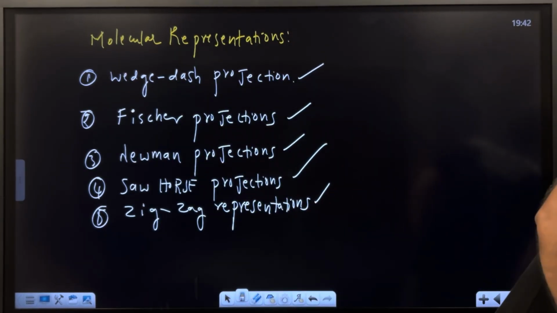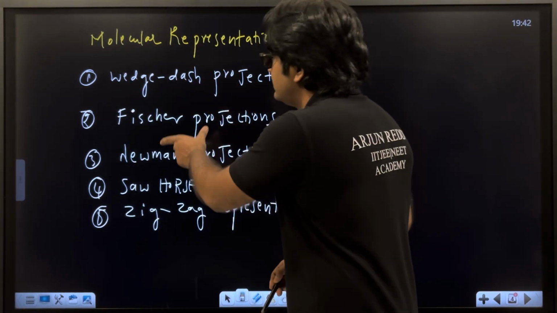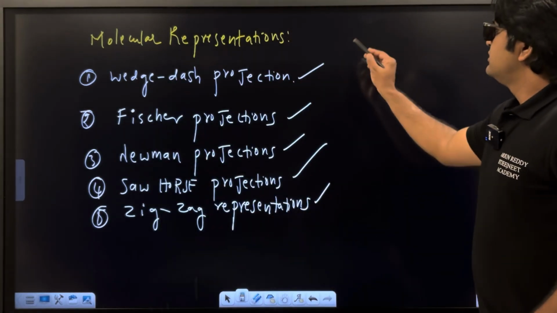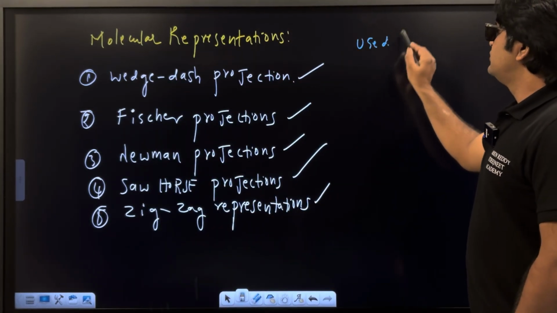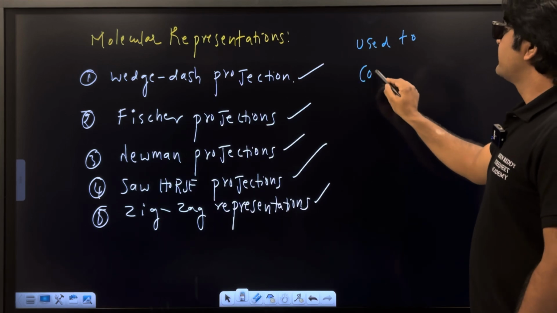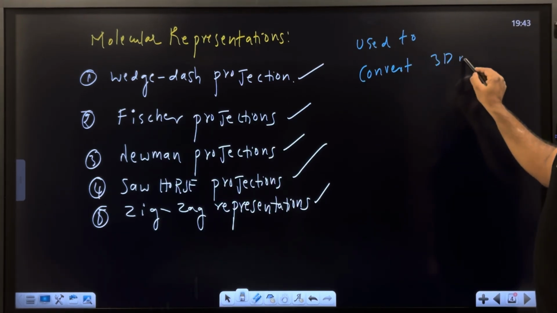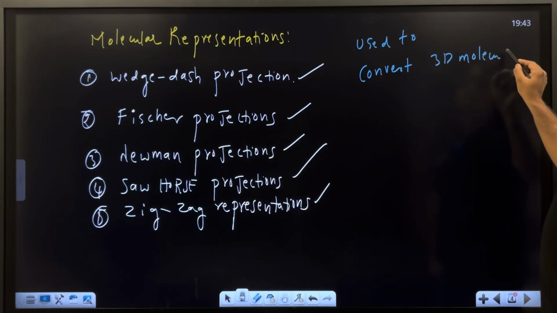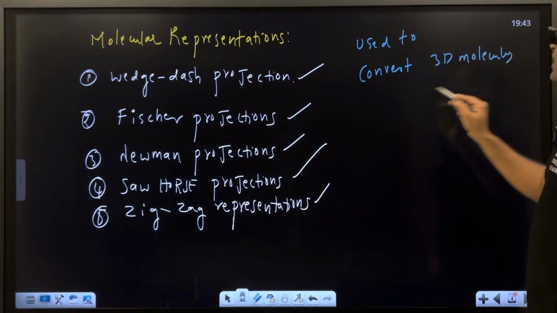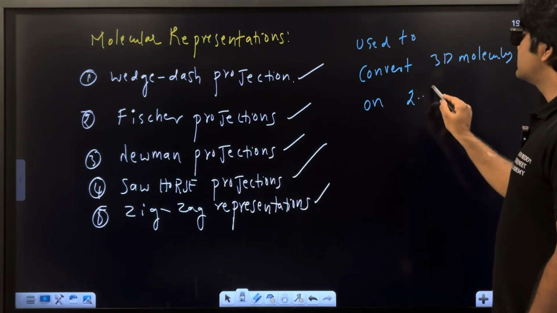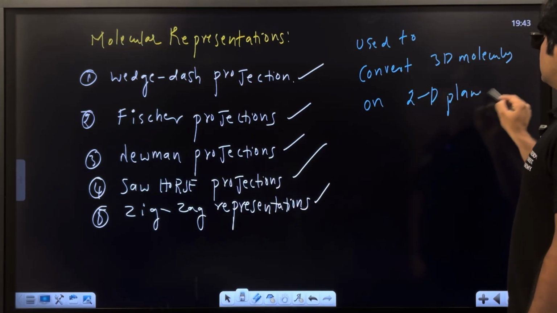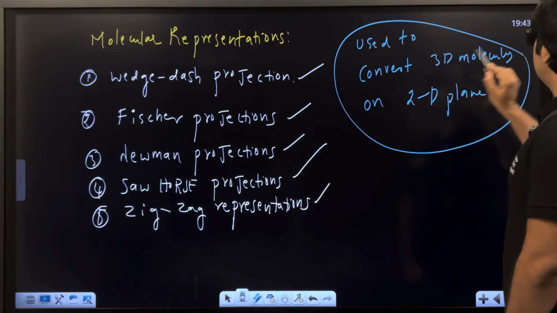Now, what is the main important use of these molecular representations? Same point I am writing here: used to convert, or used to write, 3D molecules on a two-dimensional plane, 2D plane. That is the main purpose of these molecular representations.